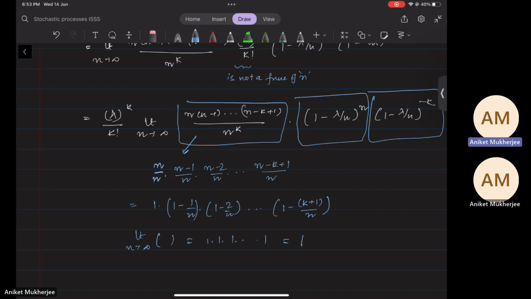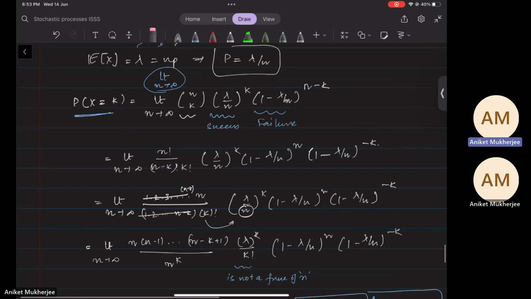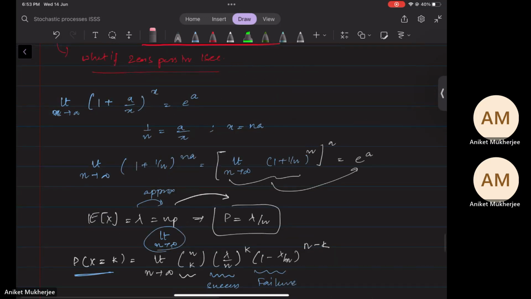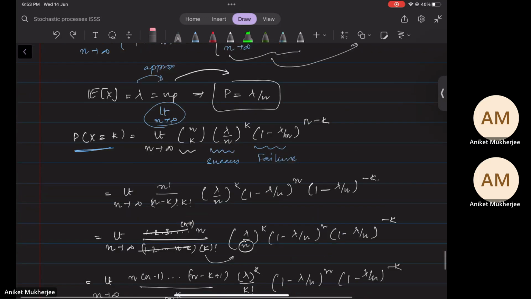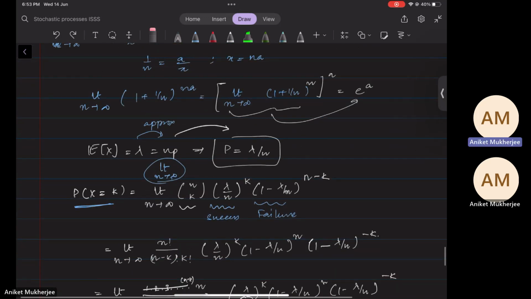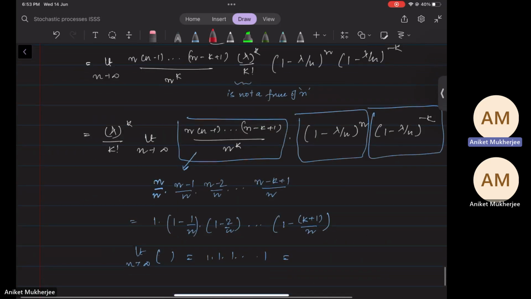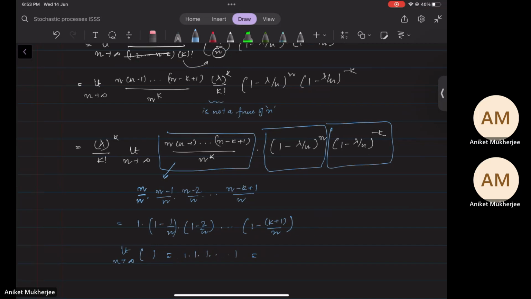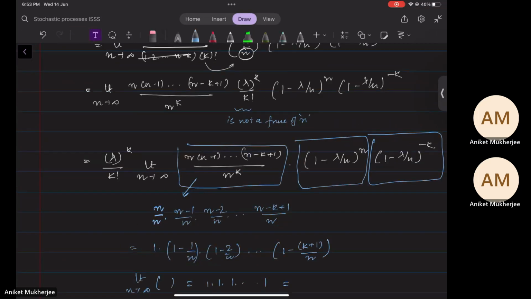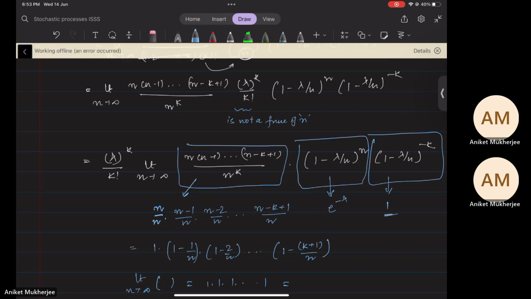And from the standard notation of e power x above, the limit of this goes to e power minus lambda. The limit of this goes to 1.